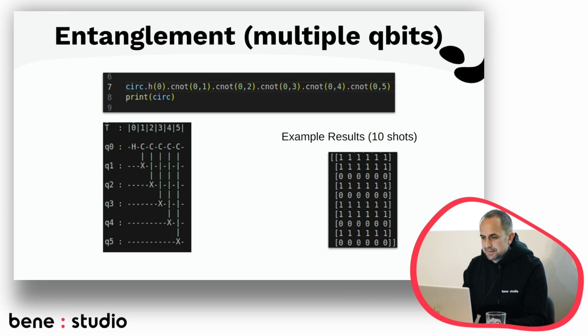We can generate not just one pair, but if we repeat this CNOT to many qubits, we can generate many entangled qubits. And as you can see in the example, I didn't modify my code. For 10 shots, either all of them are 1 or all of them are 0, but they are entangled, they are in the same state.